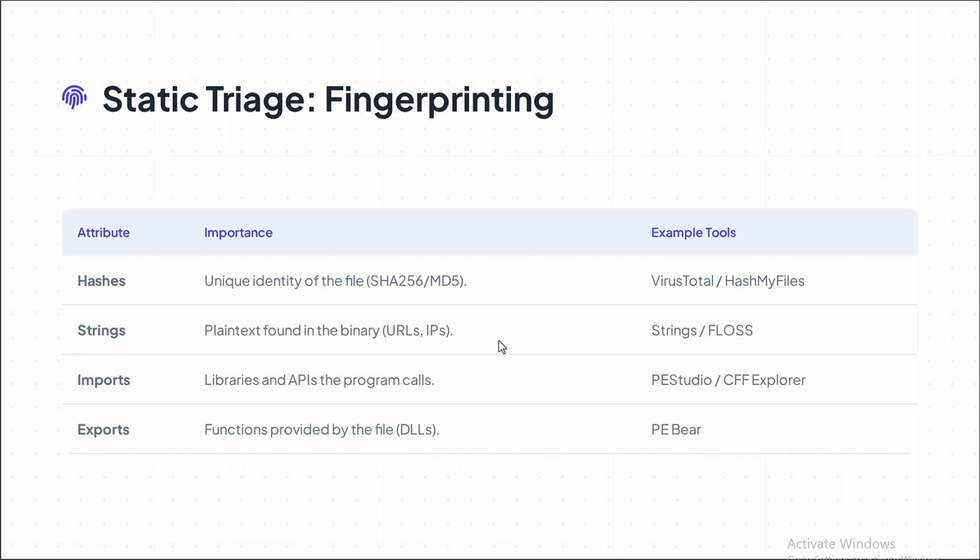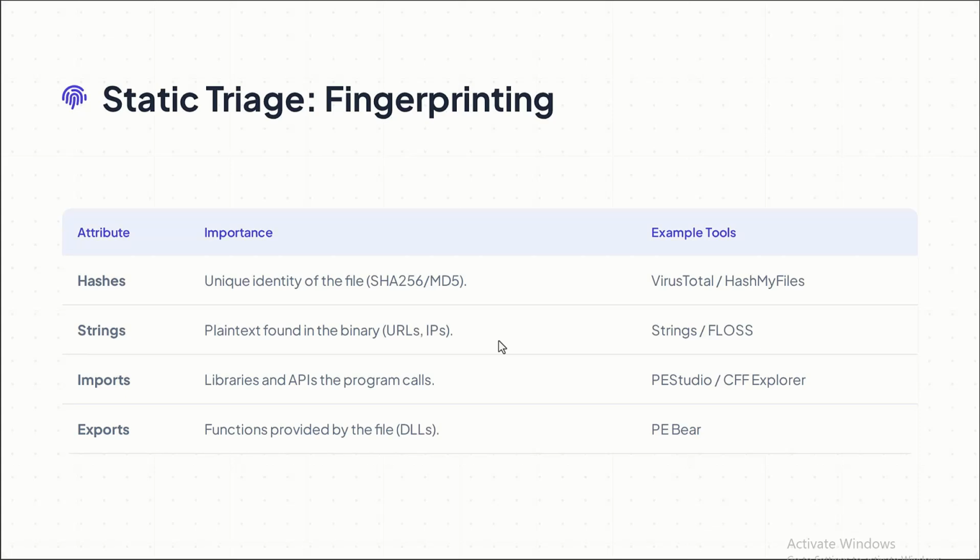Strings cannot detect everything, but FLOSS does. For example, when an attacker hides their strings in the stack, Strings is unable to retrieve this data, but FLOSS can.